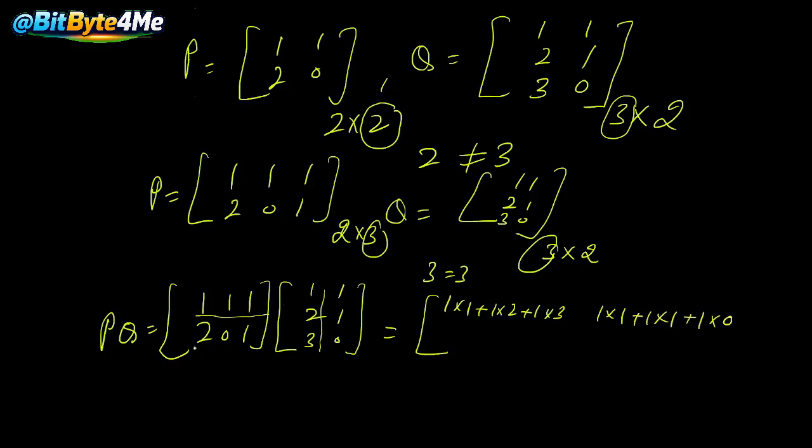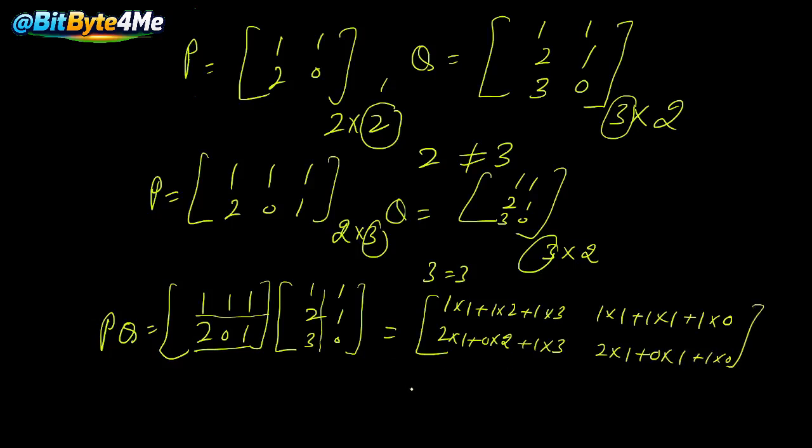Now this is over. Now go to the second row. Second row, first column: 2 into 1, 0 into 2, 1 into 3. Now second row and second column: 2 into 1, 0 into 1, then 1 into 0.